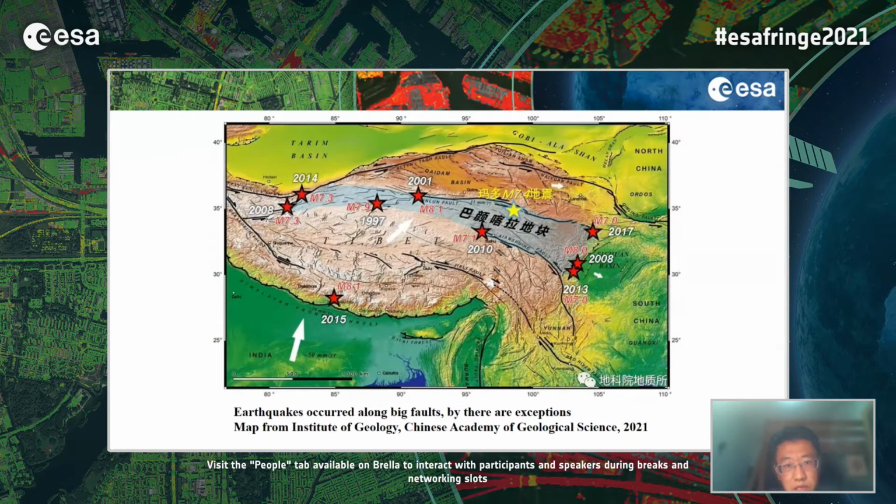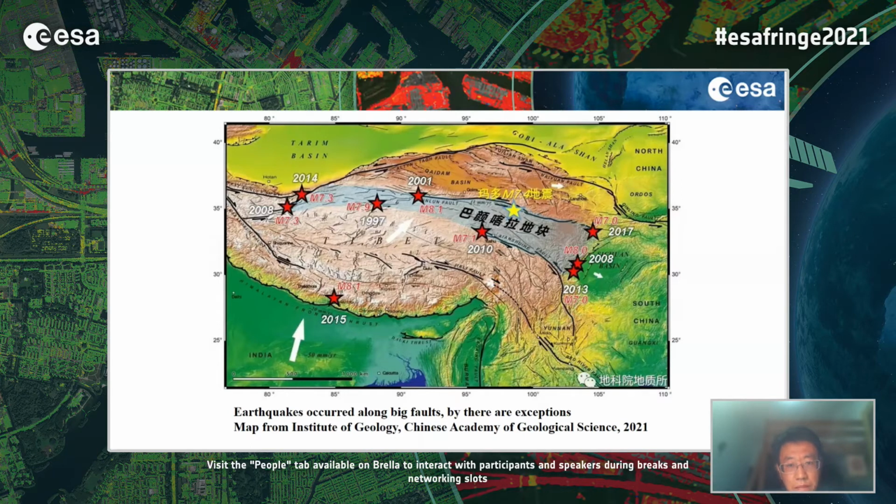But earthquakes always occur along very big faults. This is a very large earthquake that occurred in the past 20 or 30 years. You can see the red stars are big earthquakes that happened since 1997.